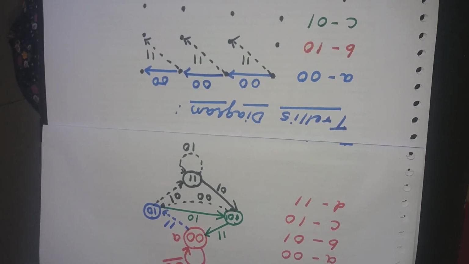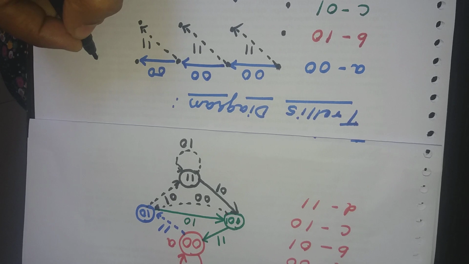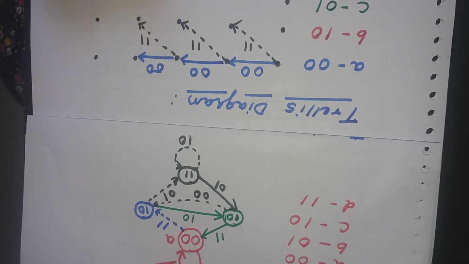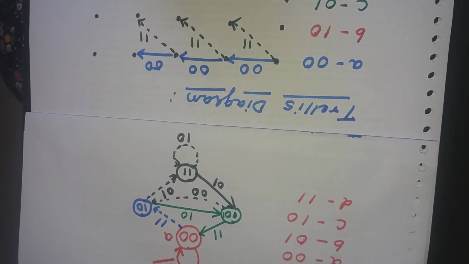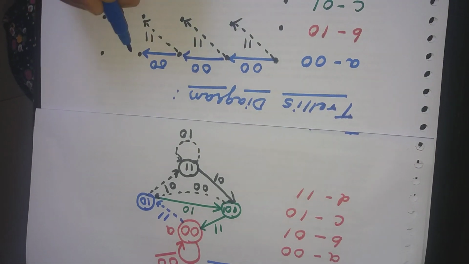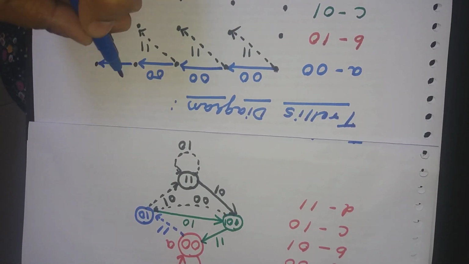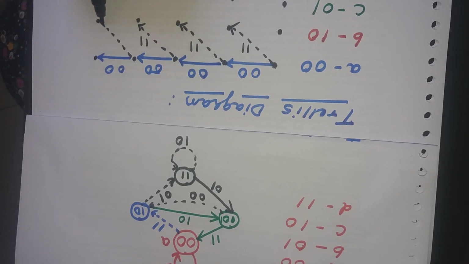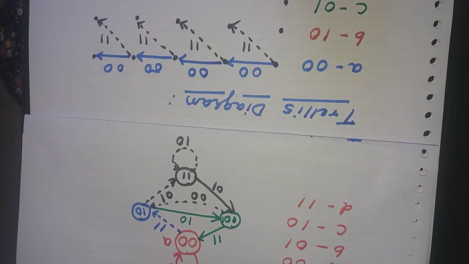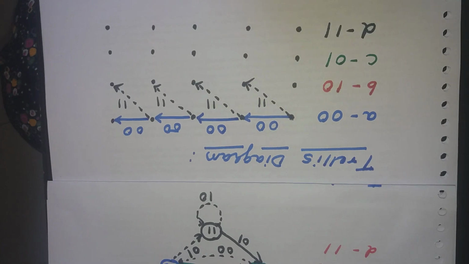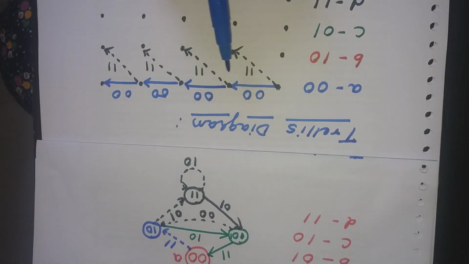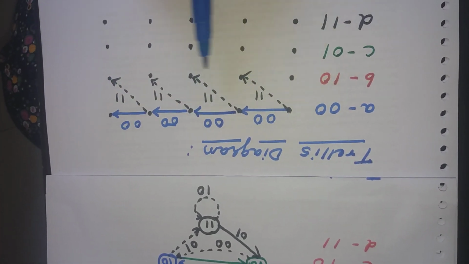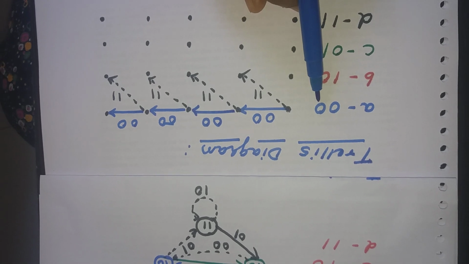We can extend this grid for one more column because we have to go for the decoding later and that will require 4 columns. Once you understand how to draw the trellis diagram, you can extend it infinitely. Now we have completed all the possibilities for state 0 0.